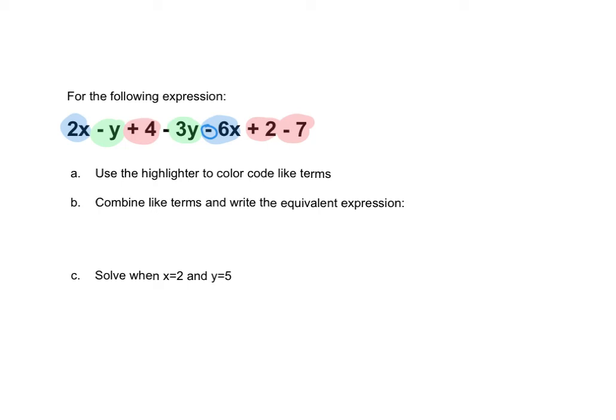So when we get down to this part B, where we're combining like terms, we're saying 2x minus 6x. That's going to be -4x. And then we have -y minus 3y. That's going to be -4y.